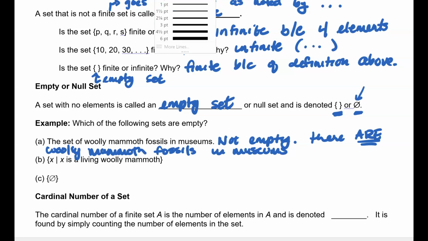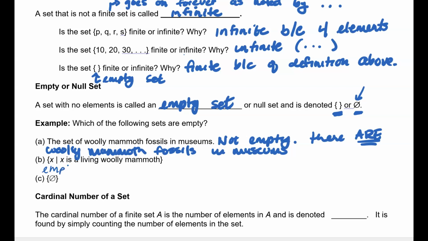Okay, I'm going to make my pen a little bit skinnier here. The next one, all values of x such that x is a living woolly mammoth. I'm going to say this is empty. So we could just draw that symbol because there are no living woolly mammoths.